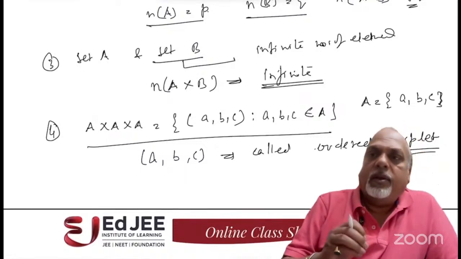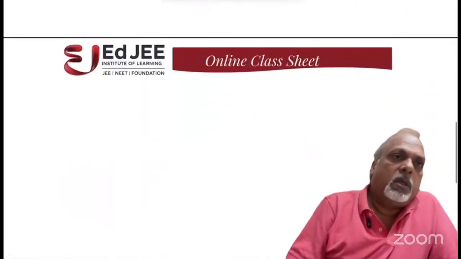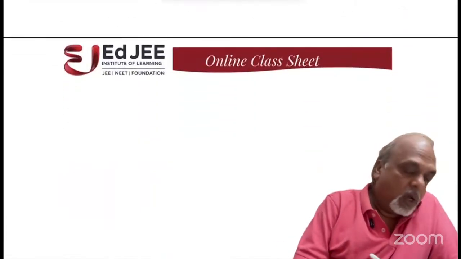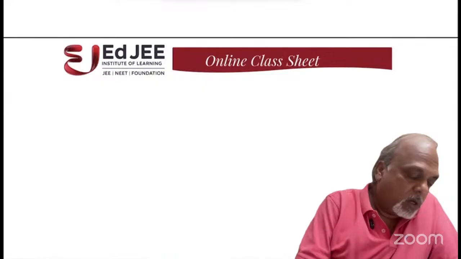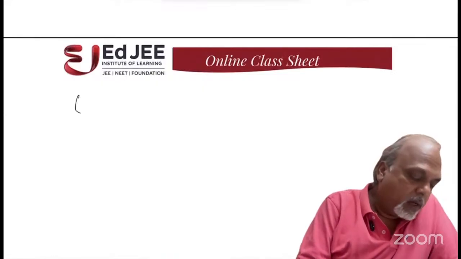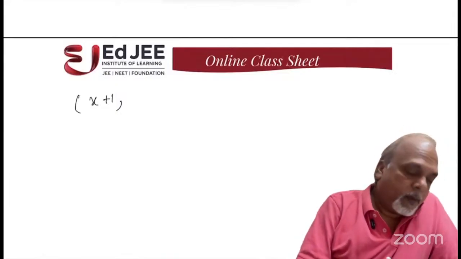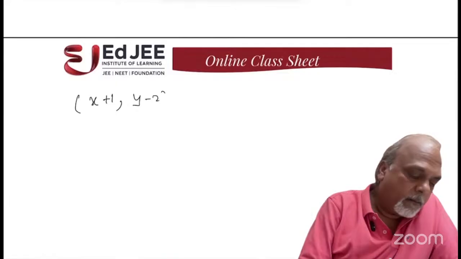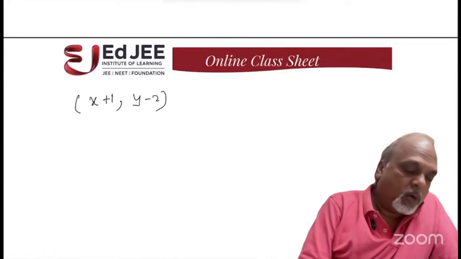Now, to understand this further, suppose you have ordered pair (x plus 1, y minus 2) equal to (3, 1).